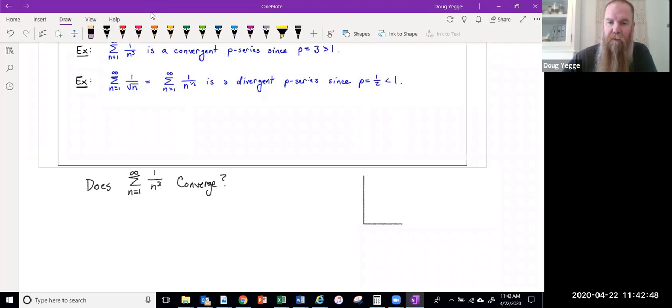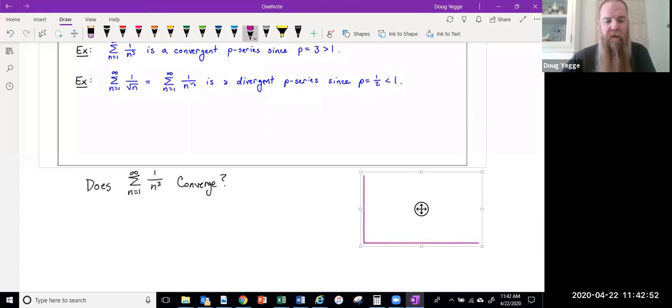So I want you to think about what 1 over n cubed looks like. Okay, 1 over n cubed is a decreasing function. When I plug in numbers from 1 to infinity, it's going to be positive. And I could also see that it is decreasing. So this is what 1 over x cubed looks like, right?